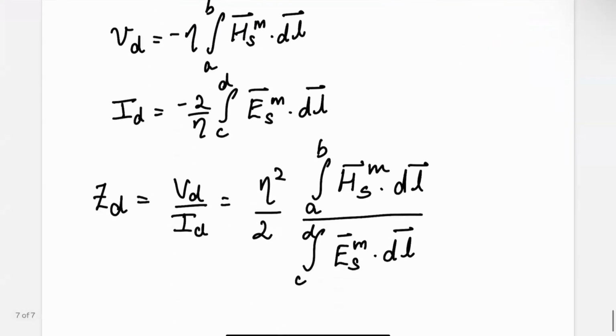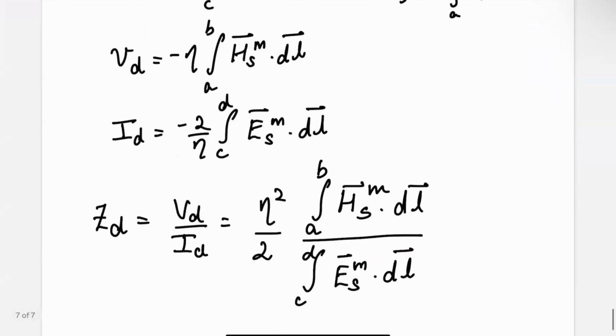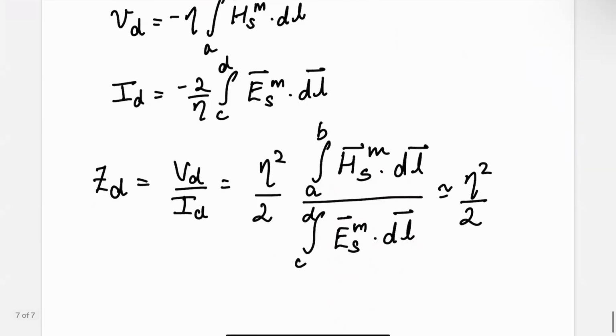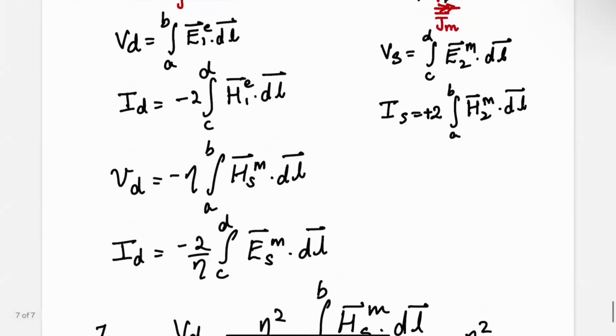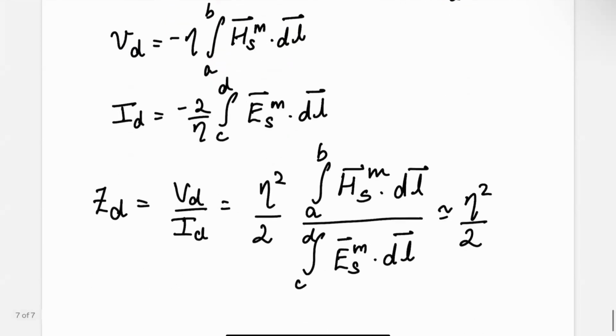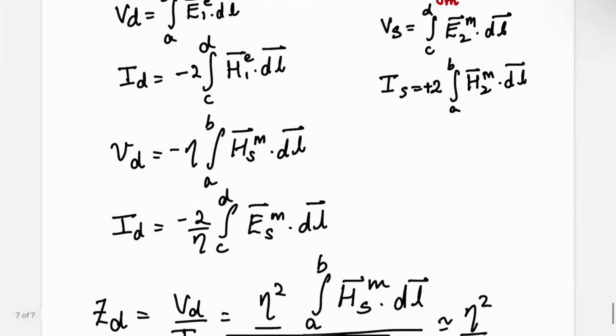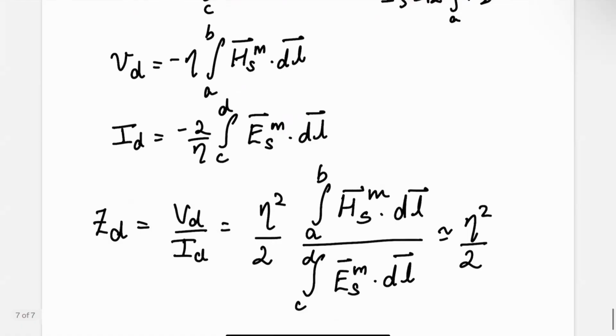Then we can say H_S is equal to H_2 and E_S is equal to E_2. So this is approximately equal to eta squared over 2 integral A to B H_2M dot dl, and the bottom would become integral C to D E_2M dot dl, and that's nothing but V_S over I_S. V_S over I_S over 2 actually, or V_S over I_S divided by 2.